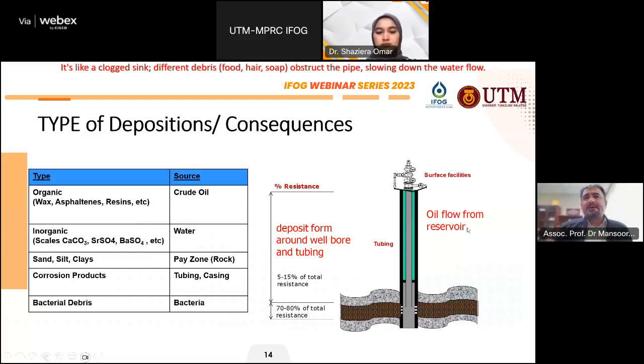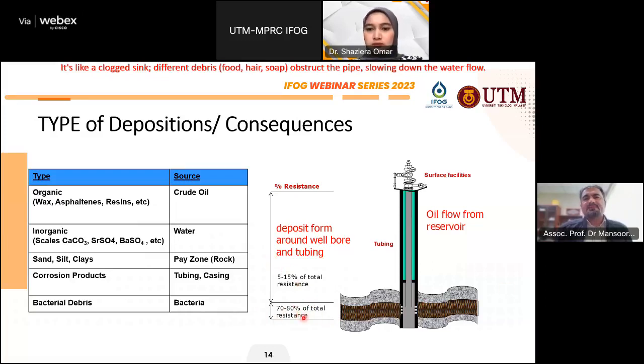As you can see here, this is our well, and the majority of the pressure drop, or the resistance, is here, near the wellbore. We have made this arbitrary classification.